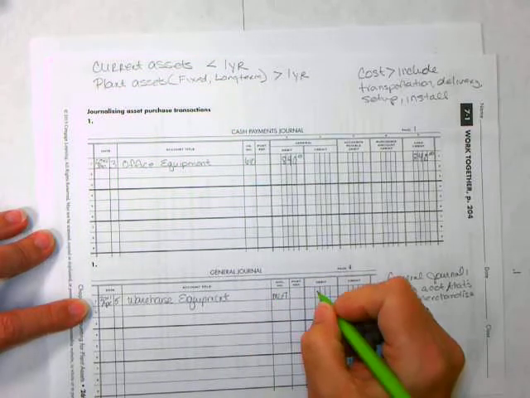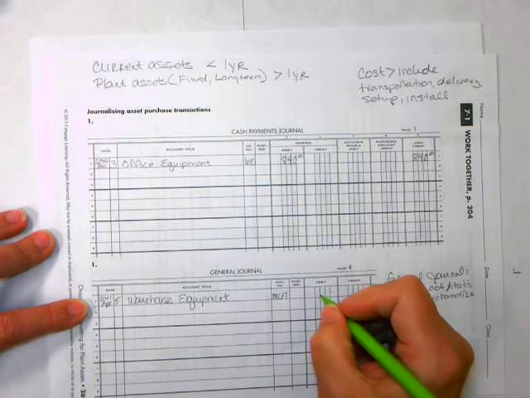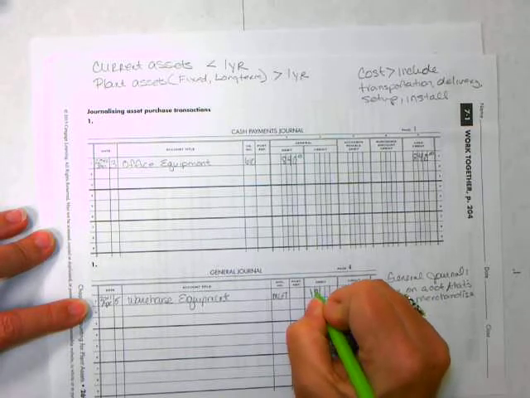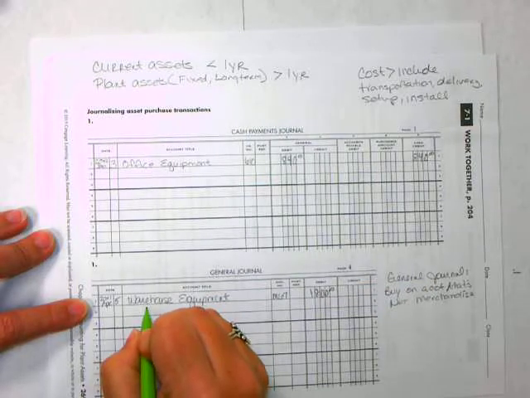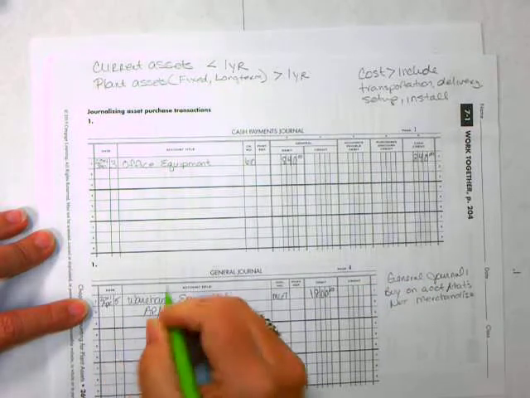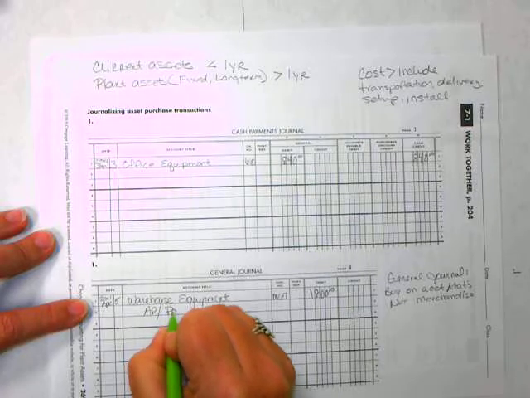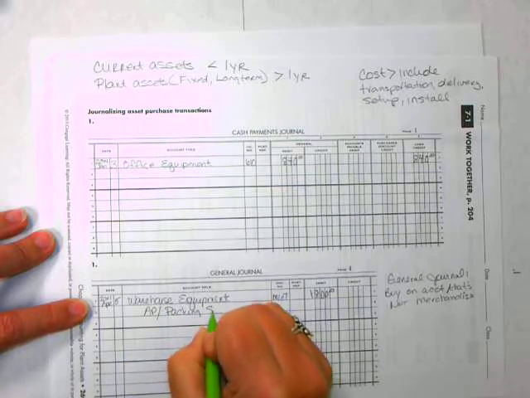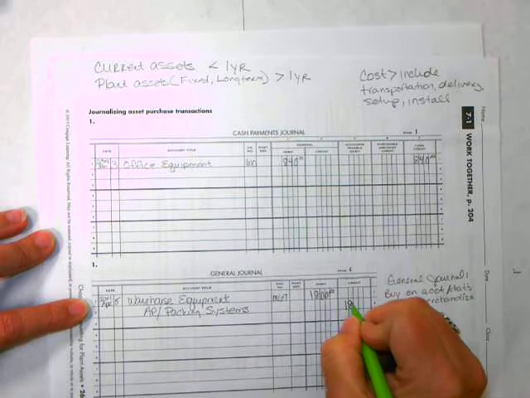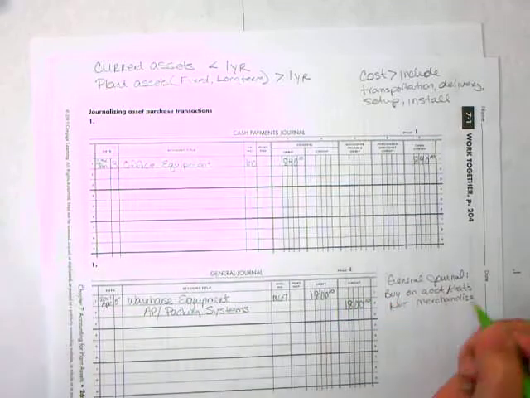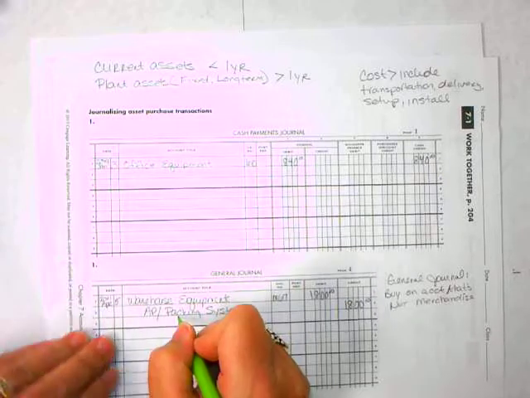We bought it for $1,800, and it's an accounts payable to Packing Systems. Okay, so now again, we've made a purchase.